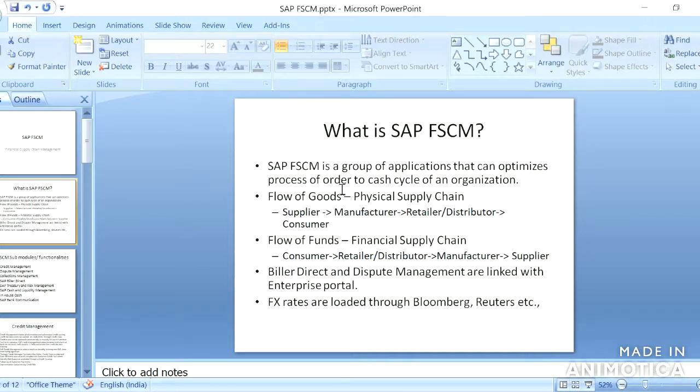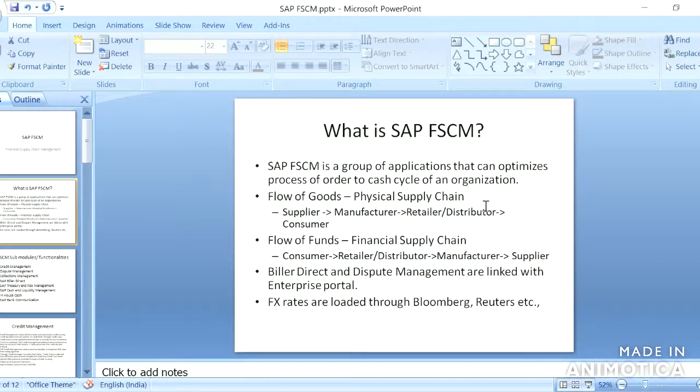So everything will be included in this process. So FSCM is a group of applications that can optimize the process of order to cash cycle of an organization. So that is what it defines.